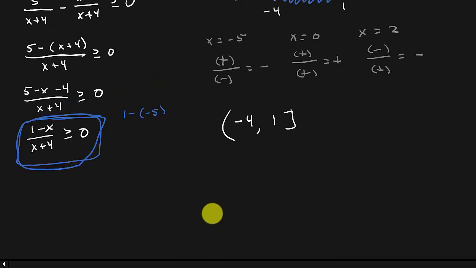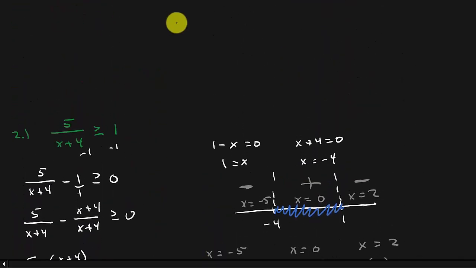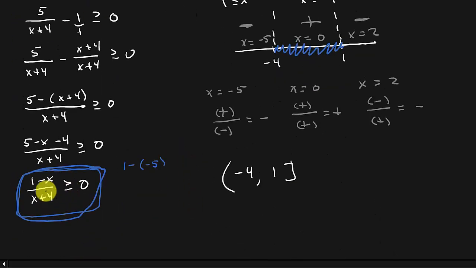Okay. All right. So let's bring this up. So I've got 5 over x plus 4 greater than or equal to 1. And what did I do here? I took the 1 and I brought it over and got a single fraction.